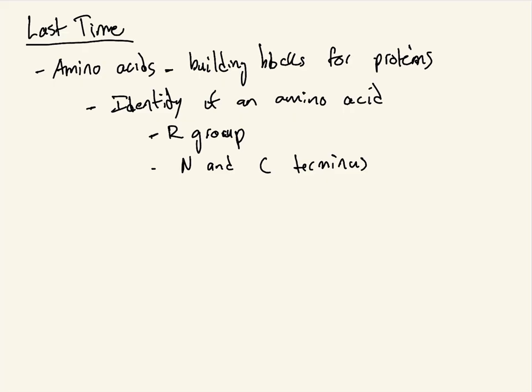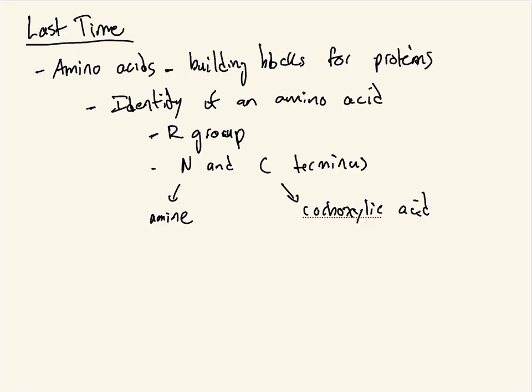The N terminus is N because what functional group is at the N terminus? This is the amine side of the amino acid. And then the C terminus is what? Carboxylic acid, right? And so the R group in between the N and C terminus gives us the identity of the protein.